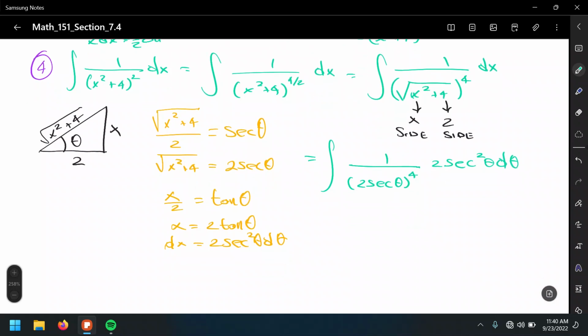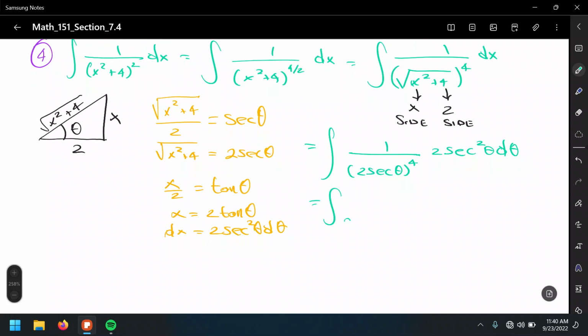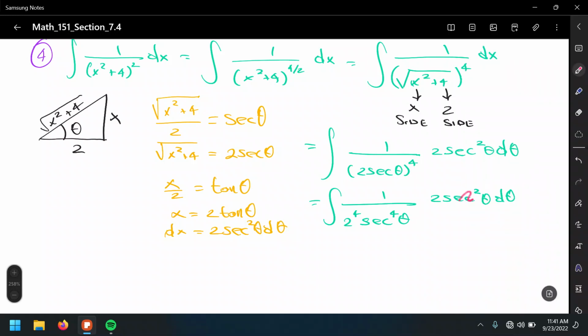Well, number one, let me simplify the denominator, but don't compute the 2 to the 4 itself. Leave it as 2 to the 4th. I know that's, what's that, 16, right? On the one hand, we can divide out 2 powers of secant with 4 to leave us with 2 of them.